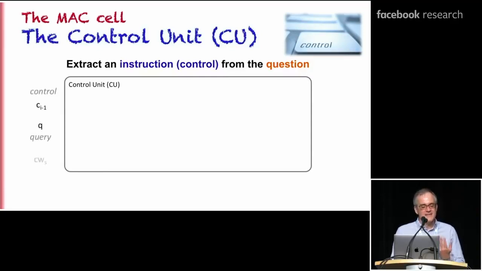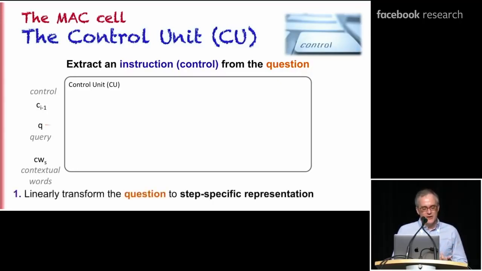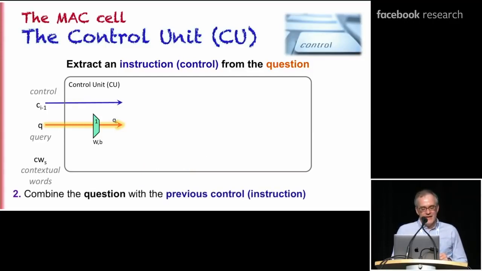So the control unit has as its inputs the previous control state, the query, that's the summary of the query to perform, and the contextual words. And so first of all, it calculates a time-specific query representation through a linear layer. Then it combines that with the preceding control instruction.